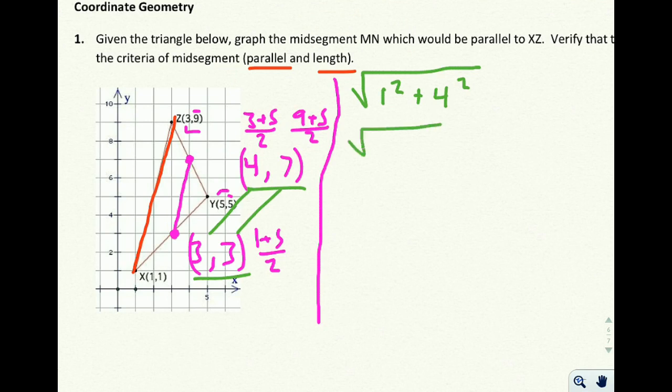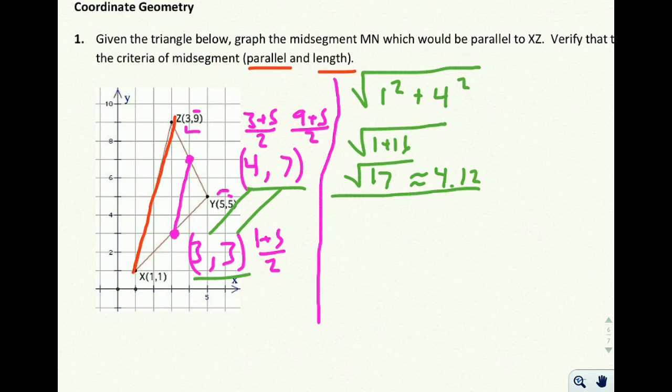That leaves us with the square root of 1 plus 16, which is the square root of 17. And if you are looking for an approximate answer here, you could plug that into your calculator. That's approximately 4.12.